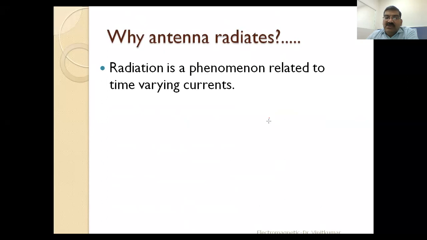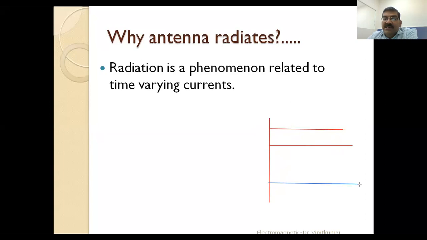Suppose this is your reference axis; this may be the voltage or current, and this is time. So in DC current, this is a straight line with a particular voltage or current.